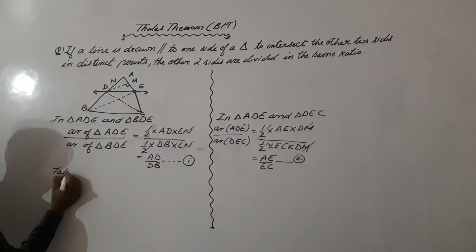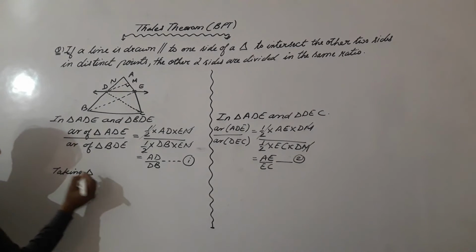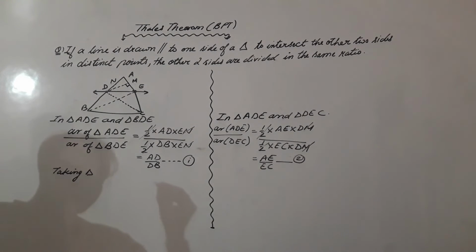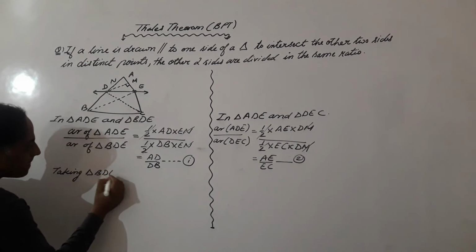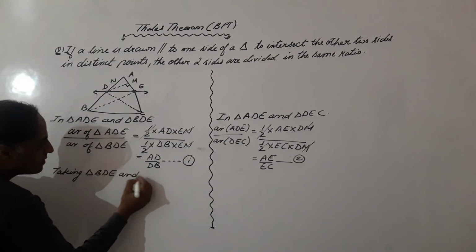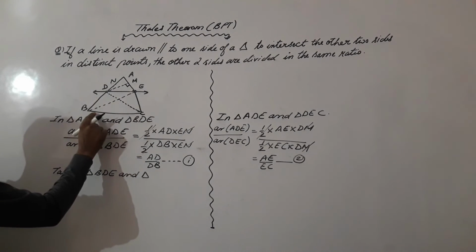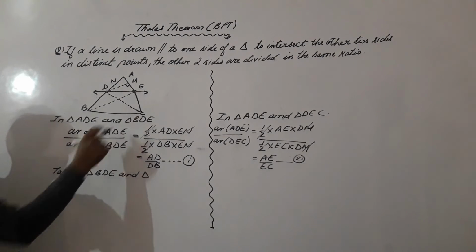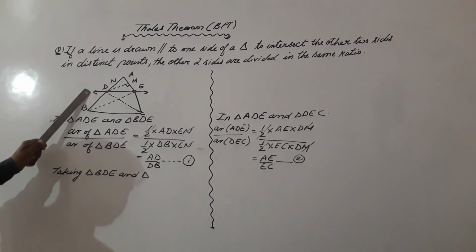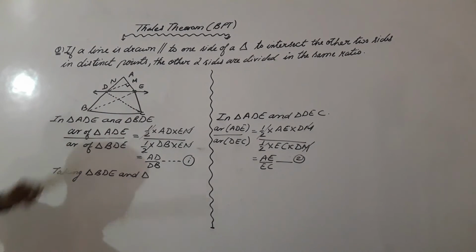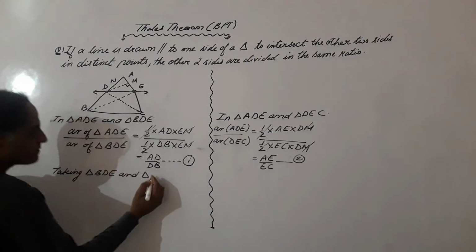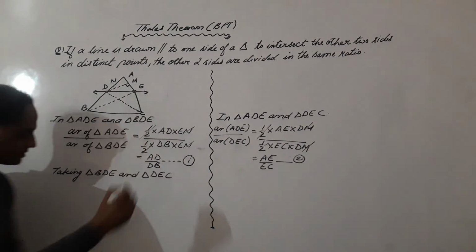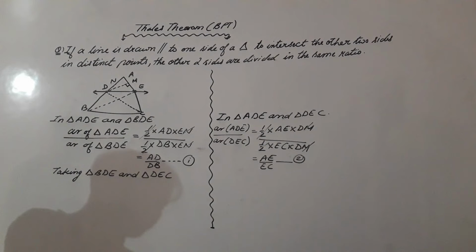The triangle which I am going to take is BDE. And look at the other one, the triangle which lies on the same base. One is BDE, and next is DEC. So what can we say about these two triangles? They are on the same base.